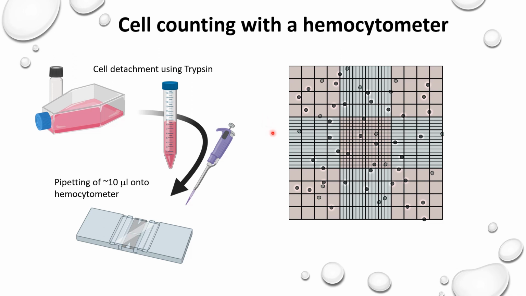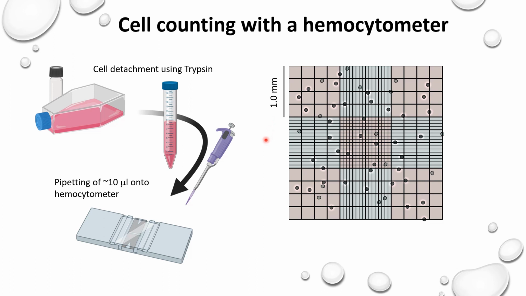The 10 microliters of cell suspension flows over this grid. It's pulled in by capillary forces and deposits the cells, if everything goes well, in a random and well dispersed way on top of this grid.